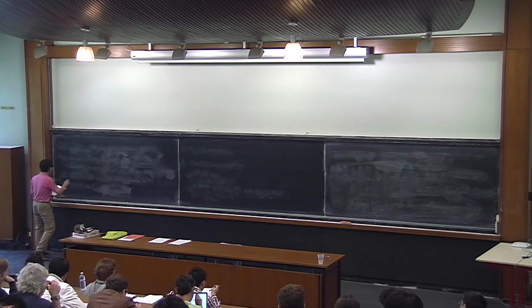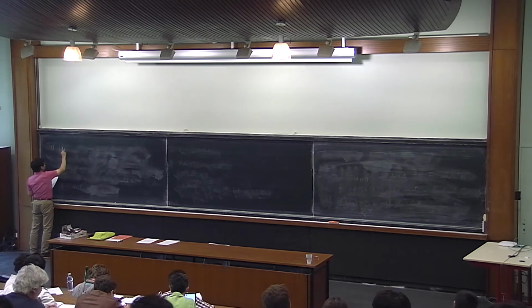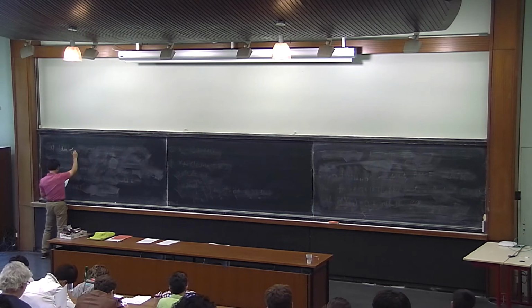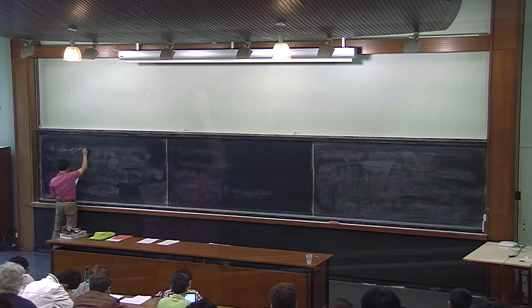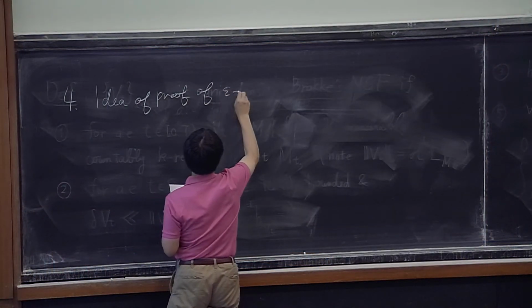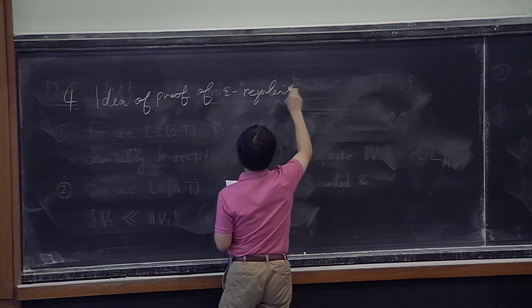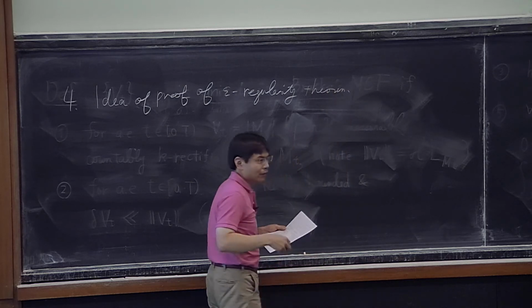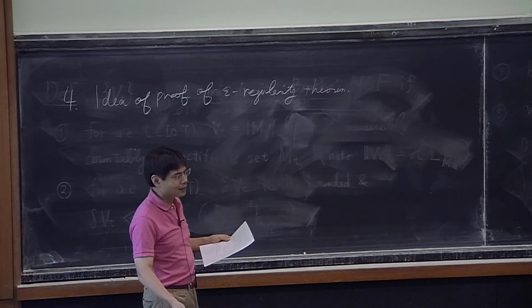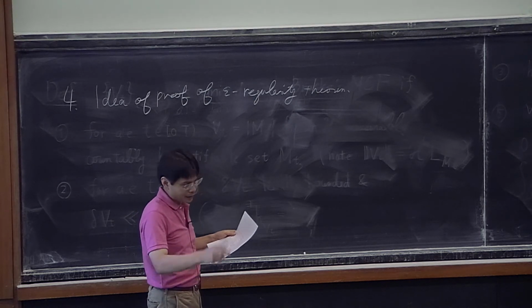So, number 4 is let me give you an idea of the proof of epsilon regularity. By the way, once you get this epsilon regularity theorem, getting partial regularity is not as easy as in Allard's case, that is, the time-independent case.